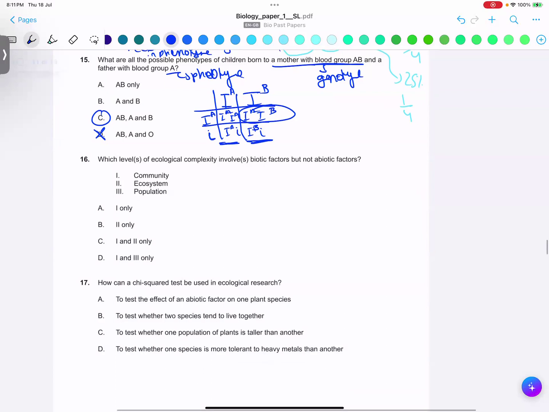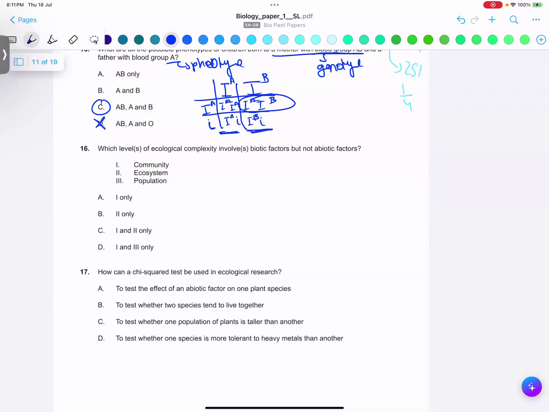So now we're moving on to topic 4. Which levels of ecological complexity involve biotic factors, but not abiotic? So keep in mind, biotic is alive, abiotic is not alive. This is where you have to really just know your definitions.